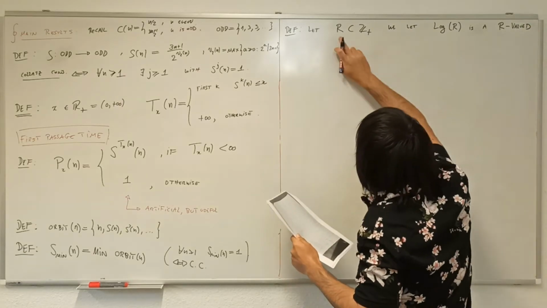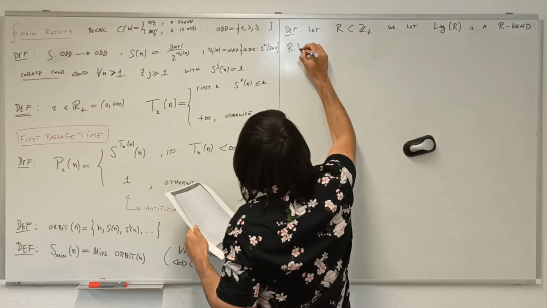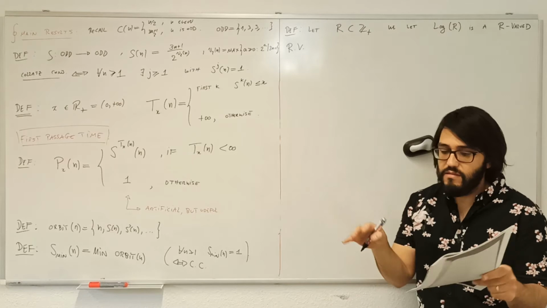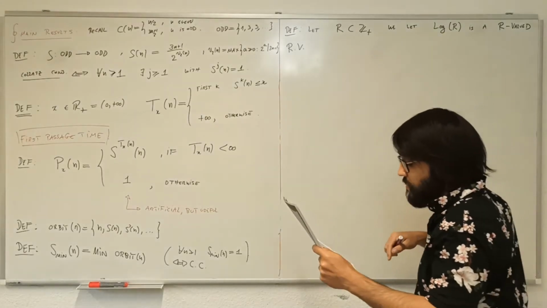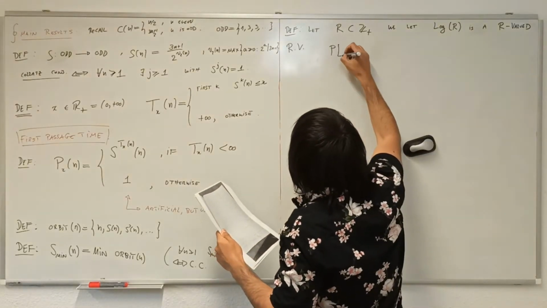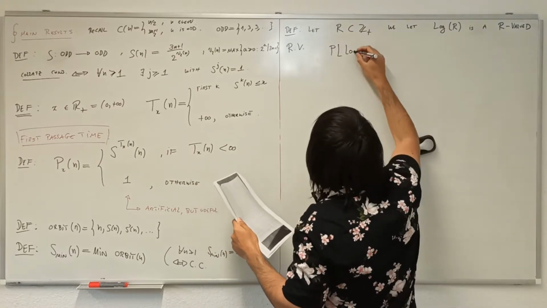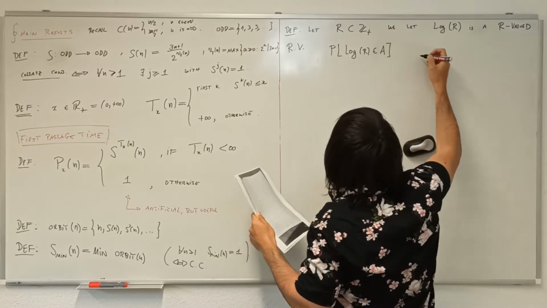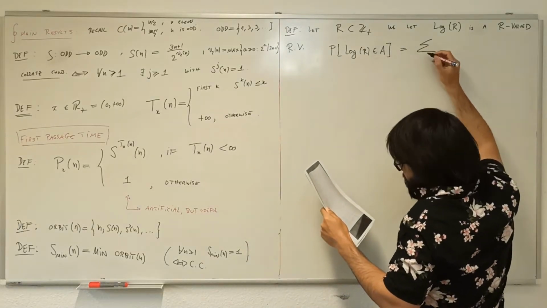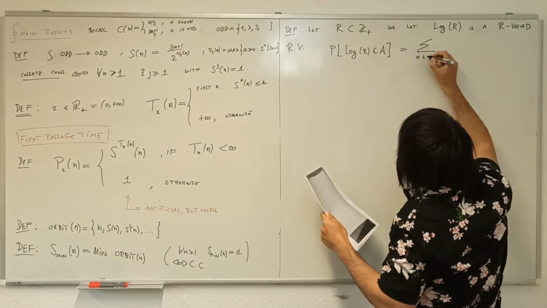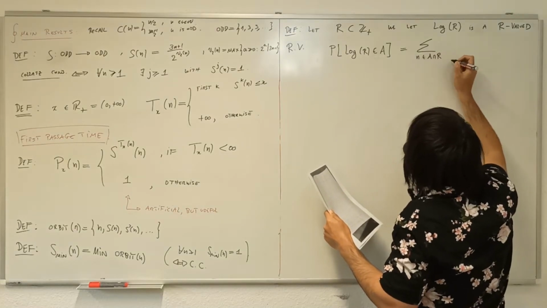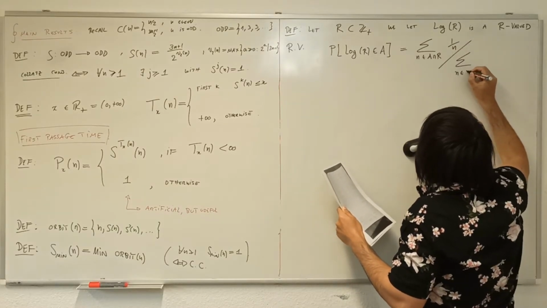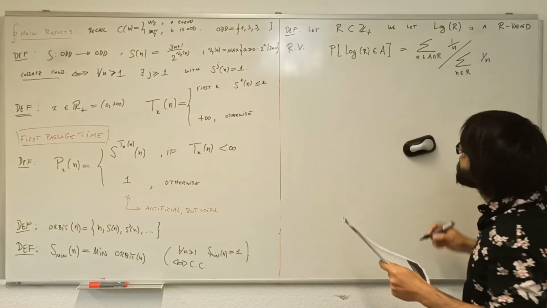So it has values in the subset R. It has an implicit probability space, which could be anything, it's just a random variable which is R-valued, but you need to say what the probability distribution is. So the probability of log R belonging to a certain subset A will be just the sum of the n's in A intersection R of 1 over n, divided by the sum of the n's in R of 1 over n. Okay.